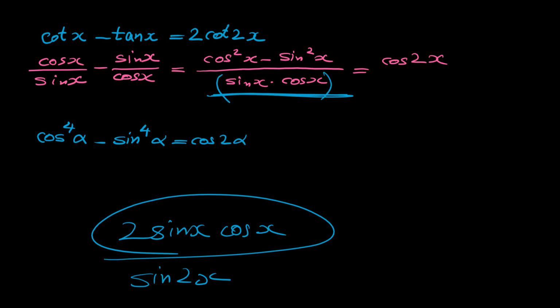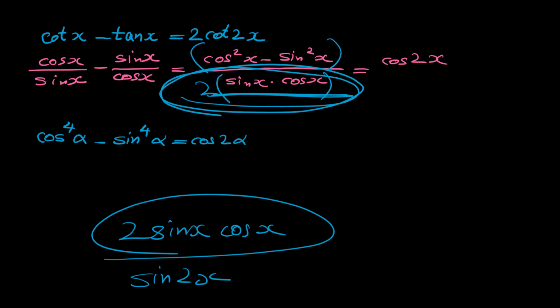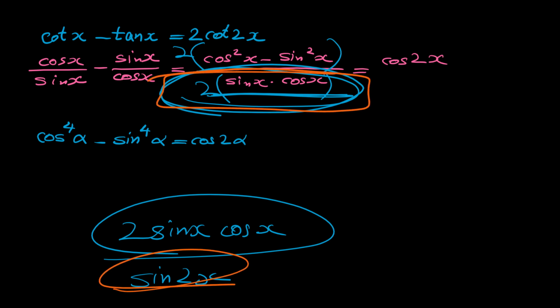Simply we can multiply the denominator by a 2. So then we have 2 sine x cosine x. And of course we have to multiply the numerator by that 2. So here, one way is to do this. Multiply the numerator and denominator by a 2. Then you have 2 sine x cosine x, and you can substitute all of the denominator with sine of 2x.